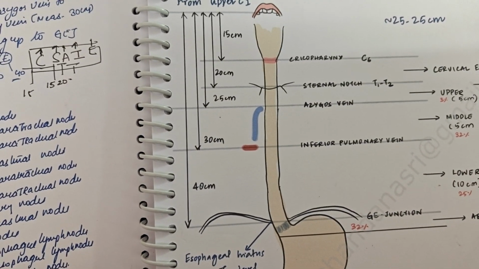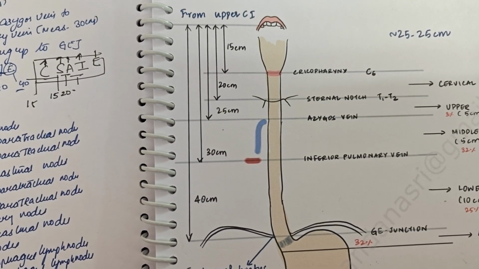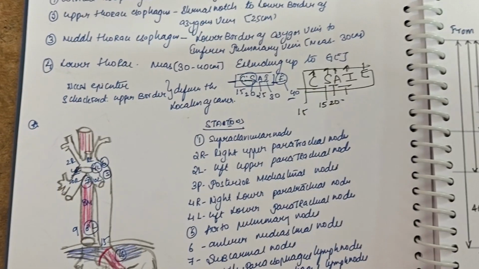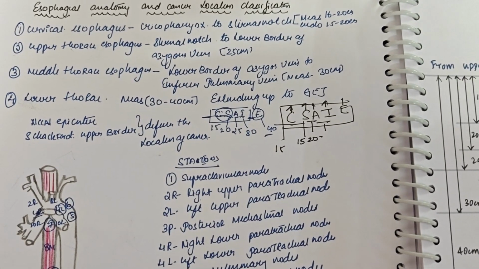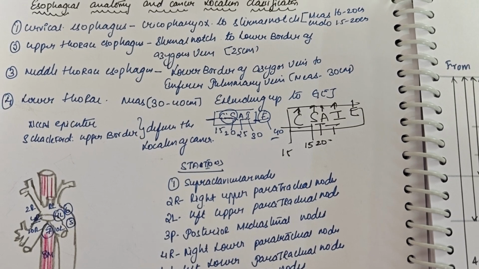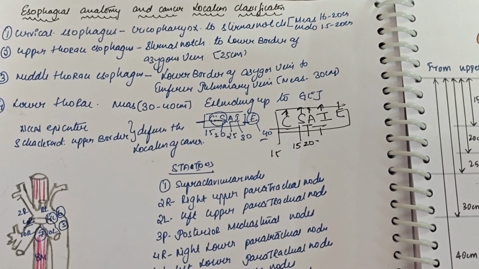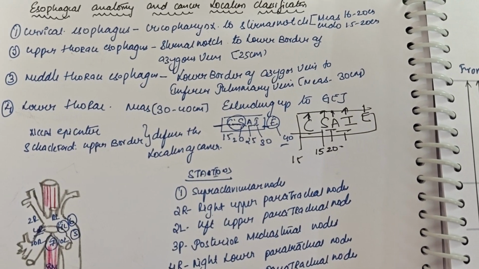Then you have the upper thoracic esophagus, then the middle thoracic esophagus, and the lower thoracic esophagus. So, why are we discussing this surgical anatomy? Because it has basic, important landmarks, which we'll be discussing in the further sessions.